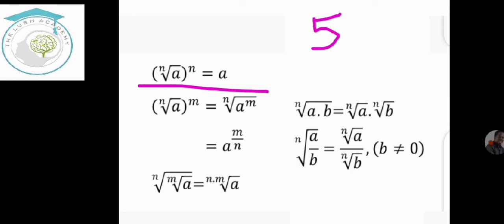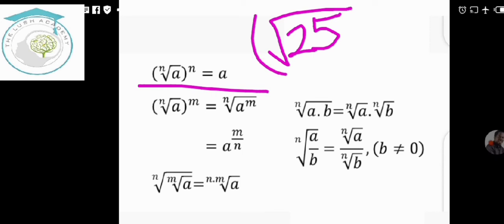Take for instance 25, sorry, 25. The square root of 25 to the power of 2. What is it? Can you solve it? Show me that it is equal to a.